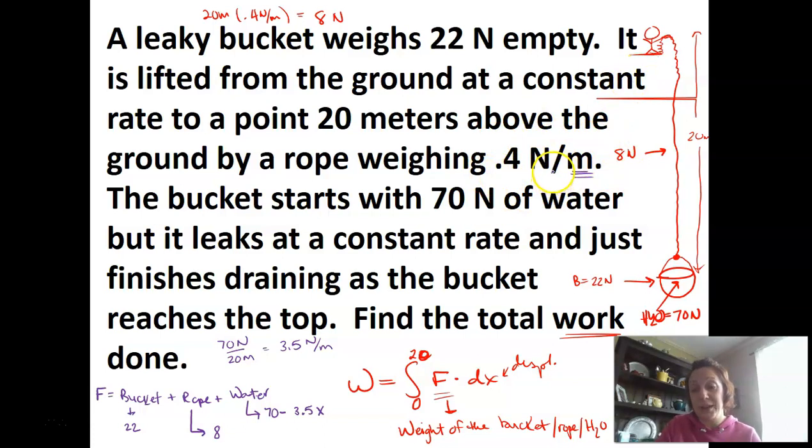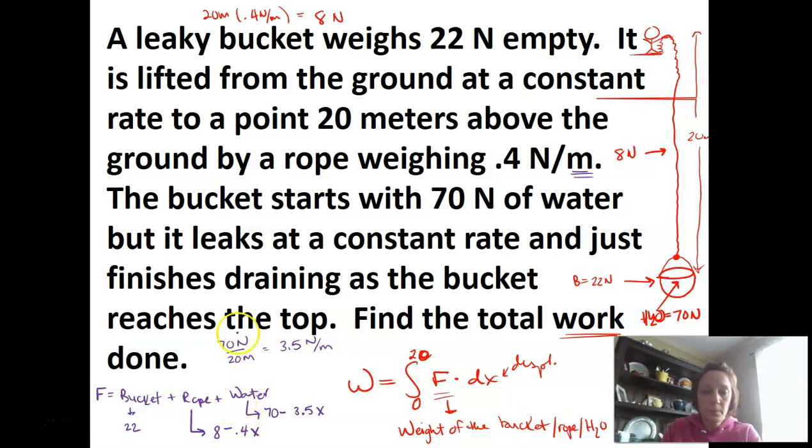They told us how much it weighs. So when I pull up 1 meter, I've lost 0.4. When I pull up 2 meters, I've lost 0.8. When I pull up 3 meters, I've lost 1.2. So I start with 8, and then as I pull up rope, I am losing 0.4 newtons every meter of displacement.